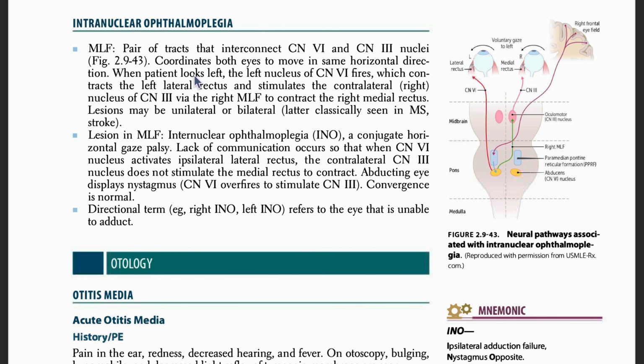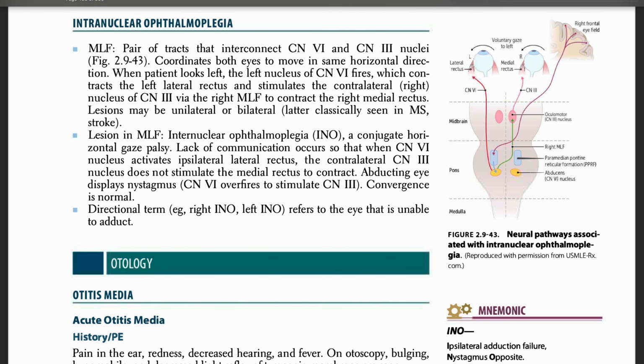So when the patient looks to the left, the nucleus of the 6th nerve contracts the left lateral rectus and stimulates the contralateral right nucleus of cranial nerve 3 via the right MLF, right? So this one right here, to contract the right medial rectus. Lesions may be unilateral or bilateral. The latter is classically seen in multiple sclerosis or stroke.